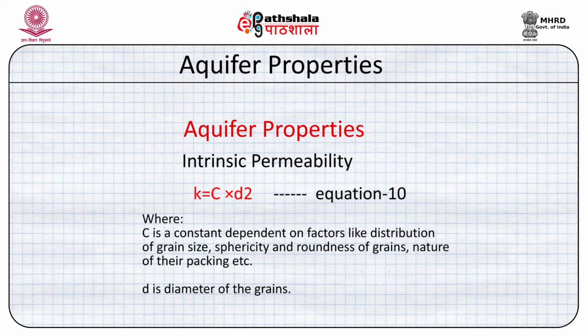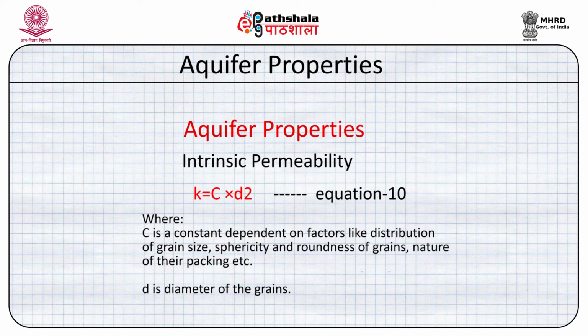D is diameter and C is a proportionality constant. Further, if you look at equation 10, this proportionality constant is dependent on grain size, sphericity and roundness of the grain. D is diameter, already mentioned earlier, and the unit is Darcy.